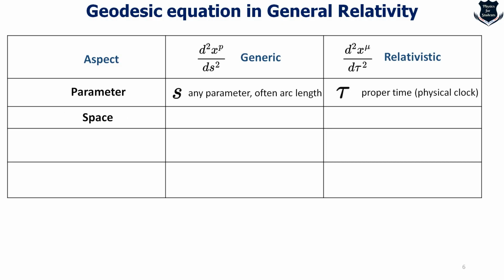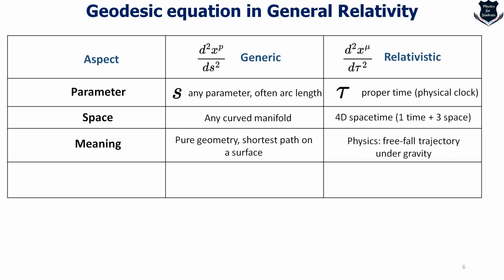Remember that the general geodesic equation happens in any curved manifold, but the relativistic part takes place in 4-dimensional space-time, where 1 is the time dimension and 3 are the spatial dimensions. If I talk of the meaning, the general geodesic equation is pure geometry. There is no physics involved, it is the shortest path on a surface.